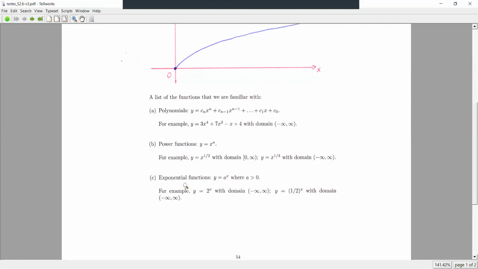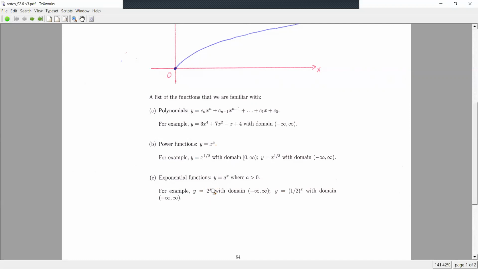C, exponential functions. A to x. The base is a constant, different from power function. In a power function, the base is a variable. Now, exponential function, the base is a constant. The power is a variable. Here we assume the base is a positive constant. For example, 2 to x is an exponential function.